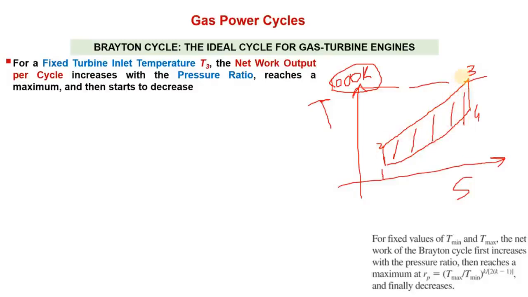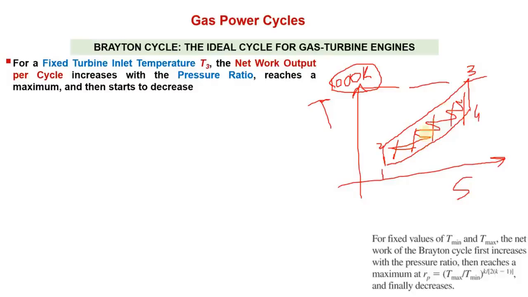Because the area under 2 to 3 represents heat transfer to the system, the area under 4 to 1 represents heat transfer out of the system, and Q out minus Q in represents this area, and that is the net work output of this cycle.